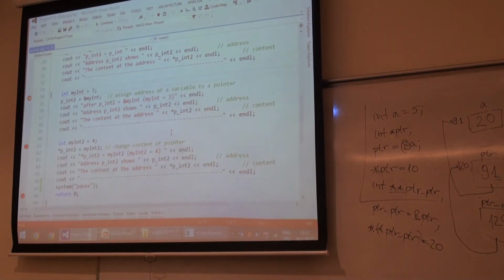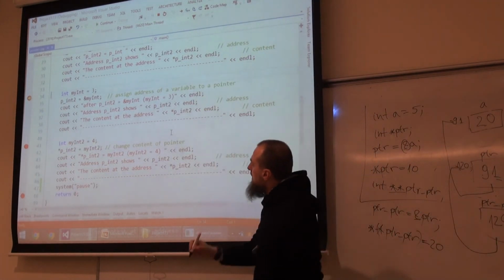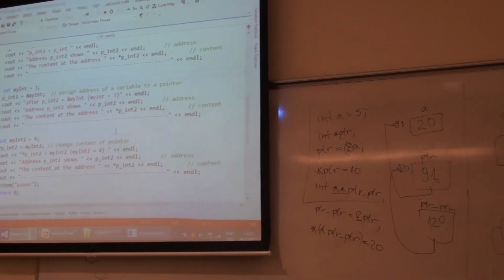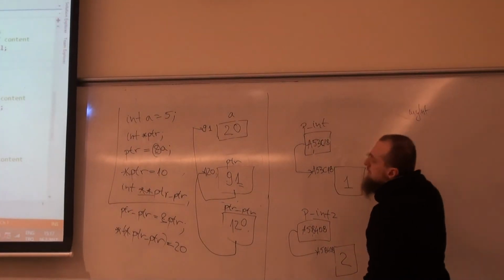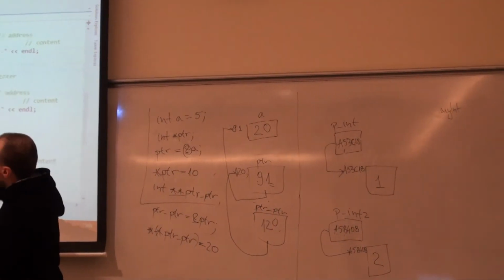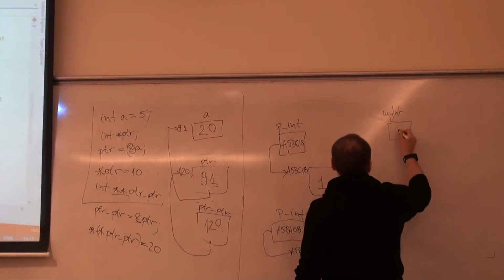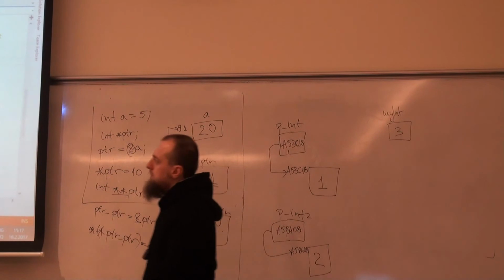We go here now. In this line, what we do is the following. We define my int, and my int has a value of 3. This is not a pointer, this is a normal integer.